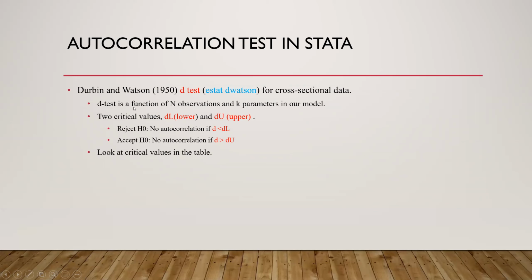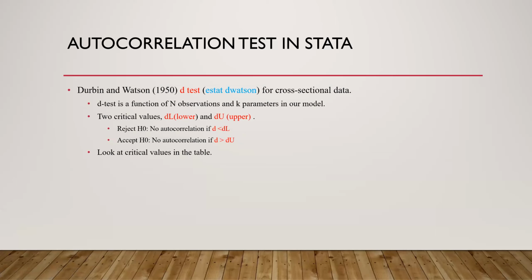So if the value we get on the d test is less than the lower bound from the table, then we reject the null hypothesis of no autocorrelation. Ideally, from the table, if we have a value around 2, then we don't have a problem of autocorrelation. But if you have more than 2, then we have a problem.